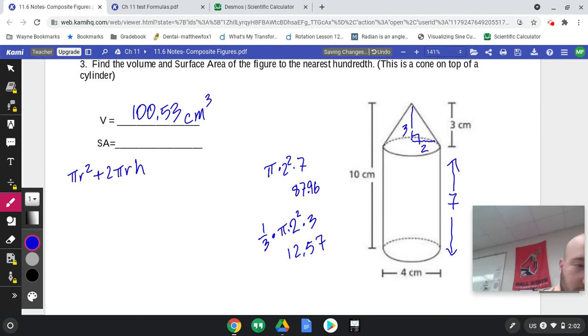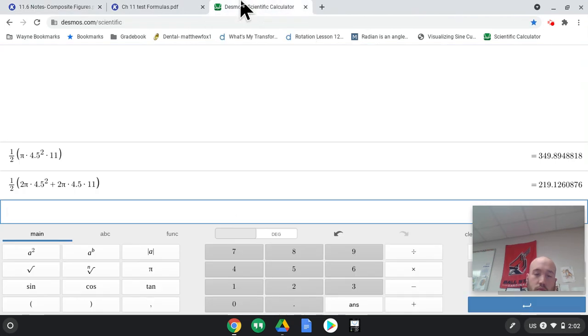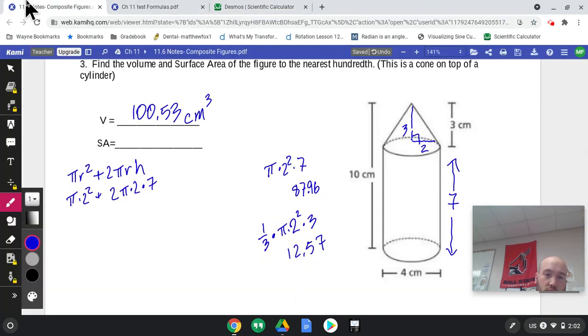And in this case, our r is 2 and our height of the cylinder is 7. So pi times 2 squared.